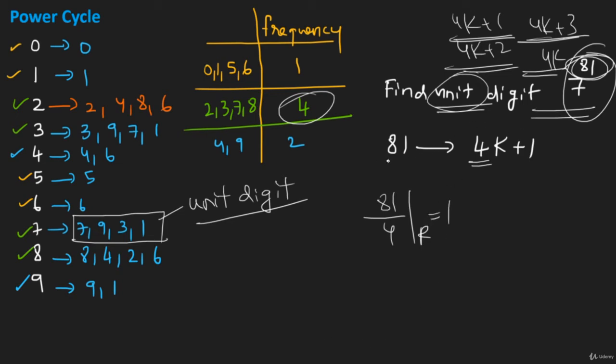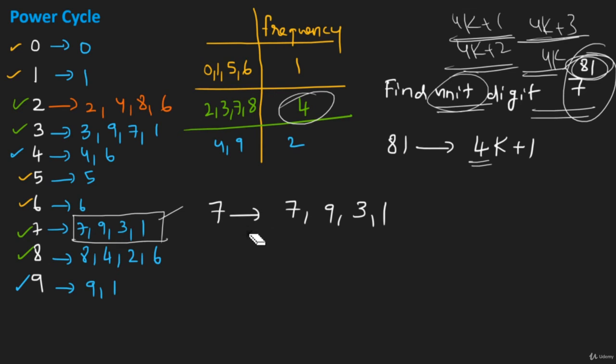Therefore, I know that 81 is of the form 4k plus 1, and because 81 is of the form 4k plus 1, I can conclude that the unit digit will be 7, right? How do we get that? Let's write the different possibilities over here. You have 7, 9, 3 and 1. If the power is of the form 4k plus 1, your answer is 7.